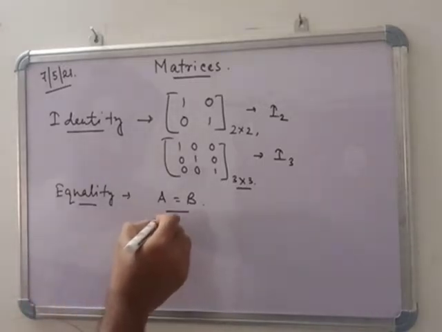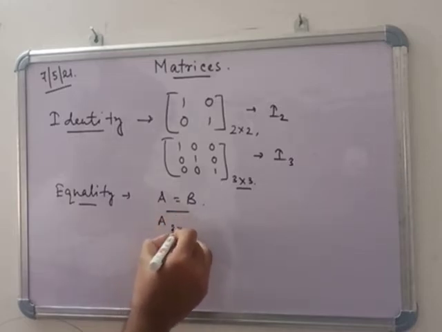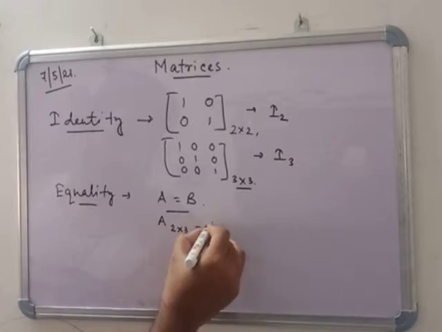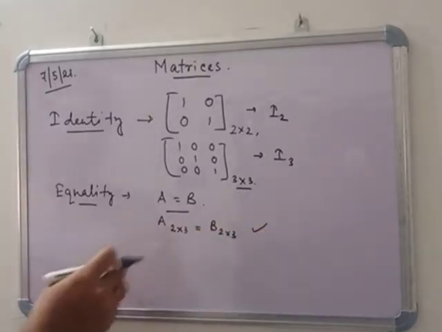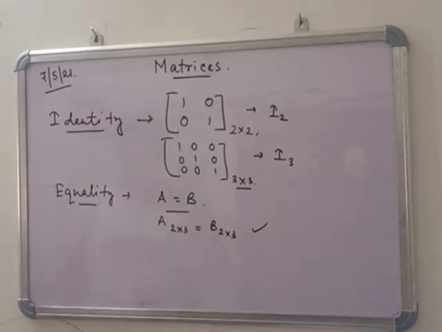So if the order of A is 2 into 3, then B is also 2 into 3, then we can say that they are equal matrices. Then we can equate each element of A to each element of B. This is called the equality of matrices.